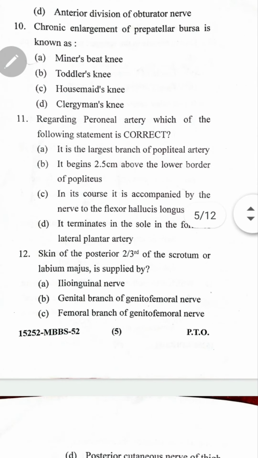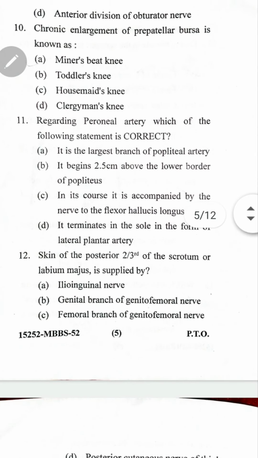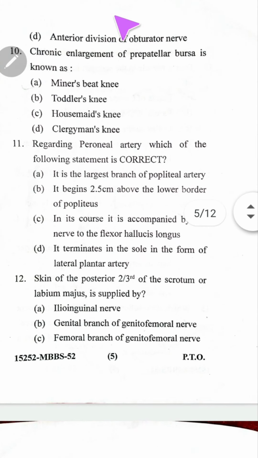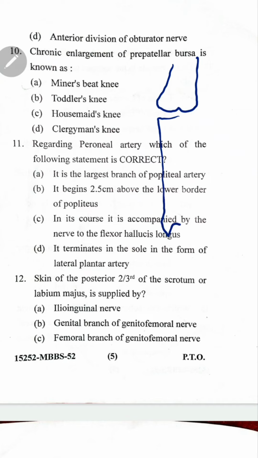Now regarding the peroneal artery, which of the following statements is correct? What is correct related to the peroneal artery? Again, focus. You are seeing the back of the leg, and there you find the femur, here you have the tibia, and here you have the fibula, right?